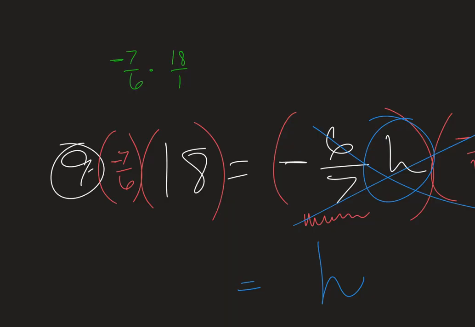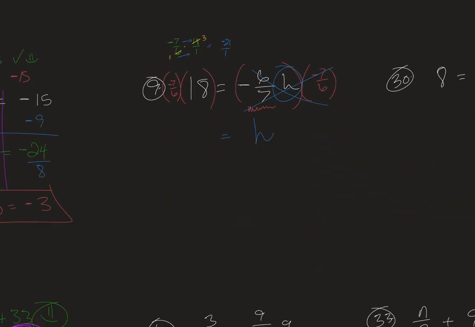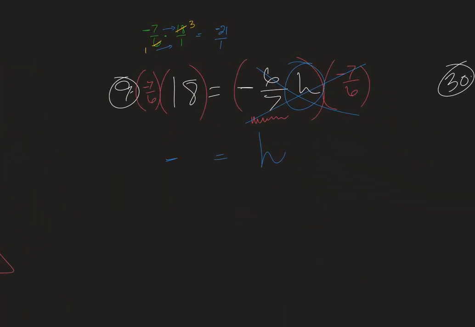So you could go ahead and multiply 7 times 8. I don't want to do that. Here's what I'd rather do. I'd rather say 6 can divide 8 3 times, and 6 can divide itself once. And now negative 7 times 3 is negative 21, and 1 times 1 is 1. So we get that h equals negative 21.